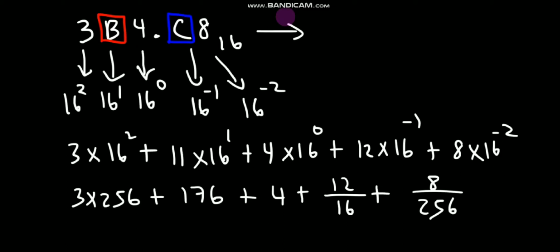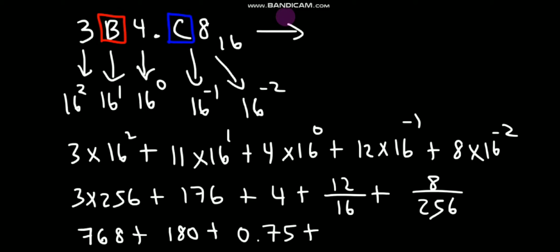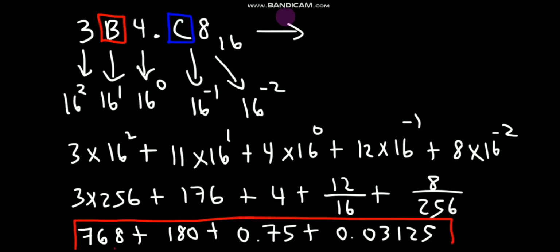Now simply we will evaluate it. Wherever the multiplication symbol is given, we will multiply, and wherever it is division, we will divide first. So 256 multiplied by 3 is 768, plus 176, plus 4 is 180. Then 12 upon 16 is 0.75, plus 8 divided by 256, and we will get these numbers. Then simply add these numbers, and after addition we will get the answer.